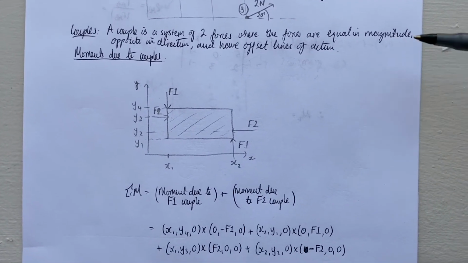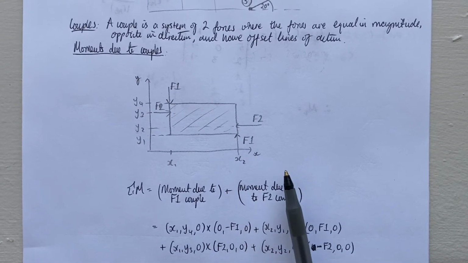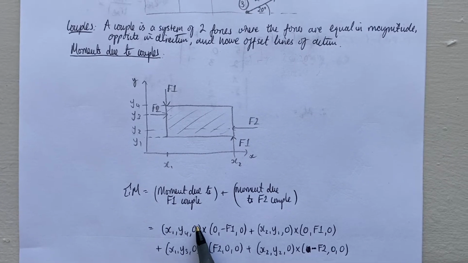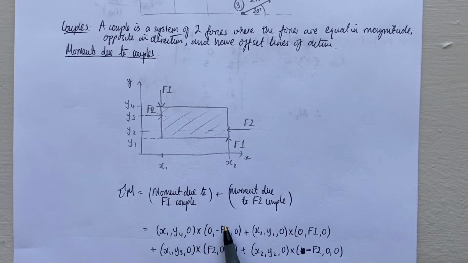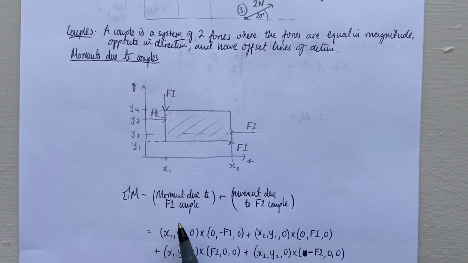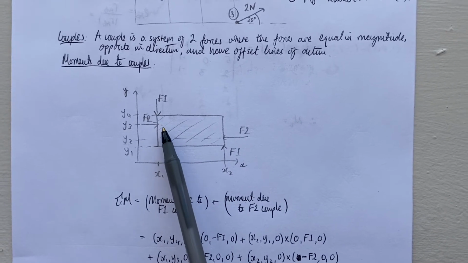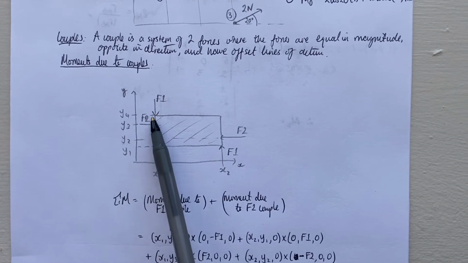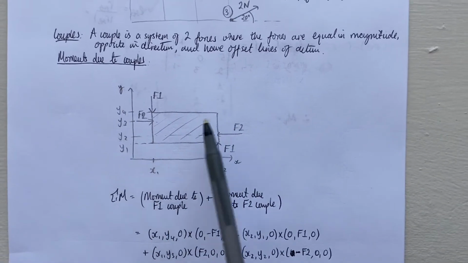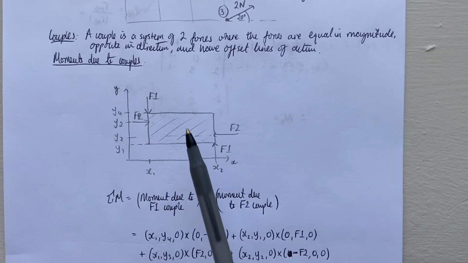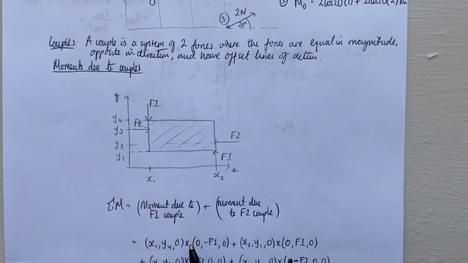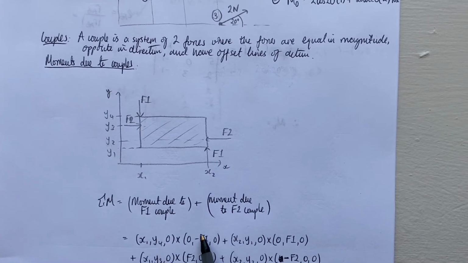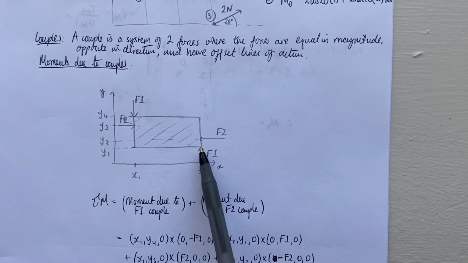So to do that, we do the cross products. We take the position at which F1 acts and cross it with the force vector F1. So let's take this one first. The point where this force vector acts is at the coordinates x1, y4, 0, because we're only dealing in 2 dimensions, crossed with the force vector, so F1 acts in the negative y direction. So the point where the force vector acts, the force vector, and then the other side of F1.